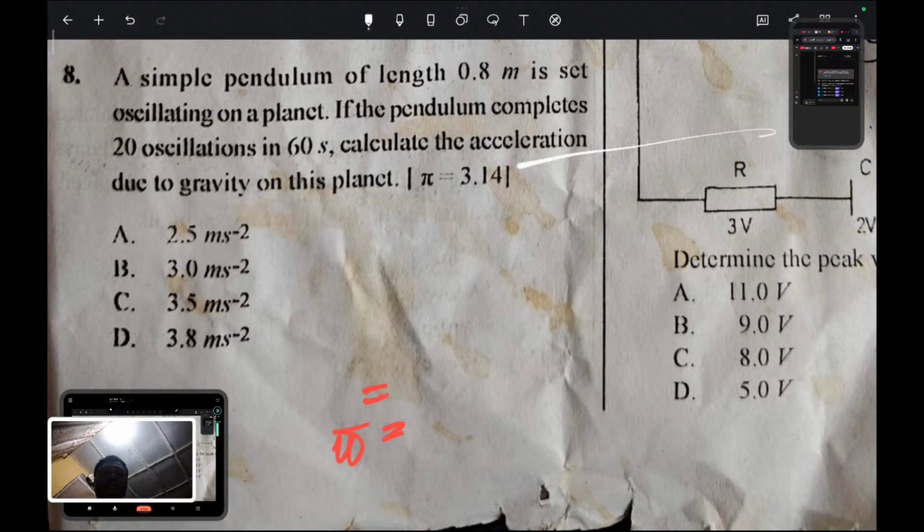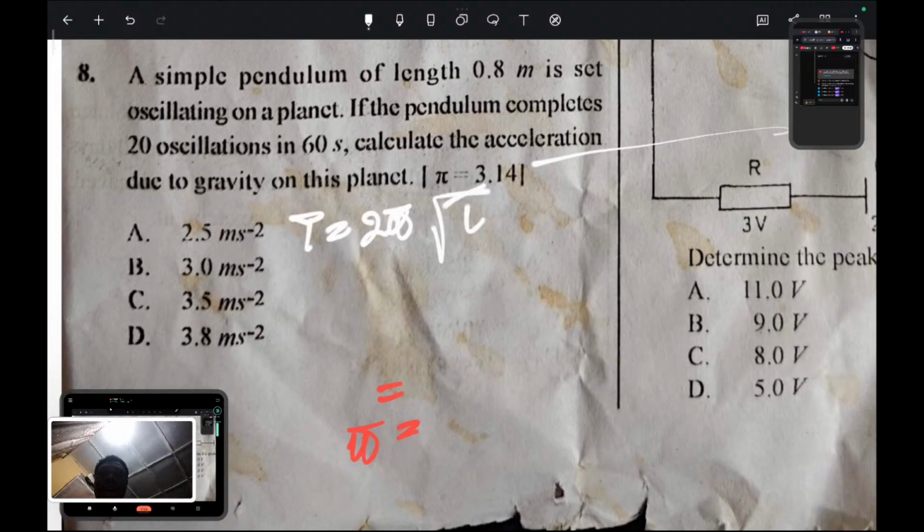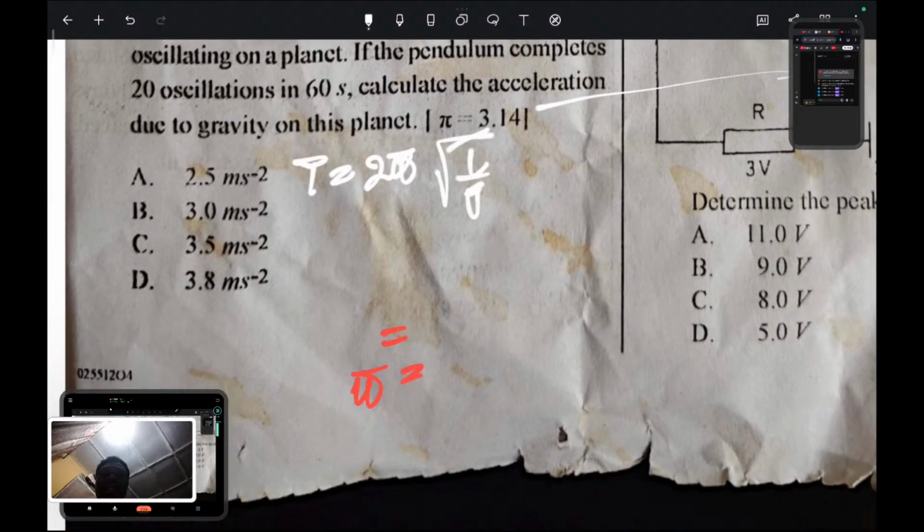So from our formula, T equals 2 pi square root of L over G. We need to remove the square root, so we take the square of both sides so that it will be gone.